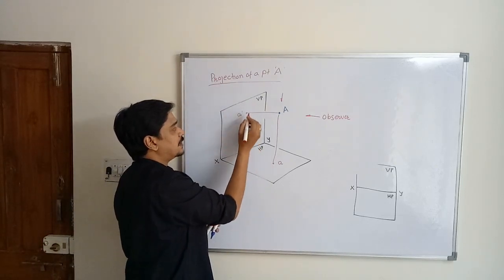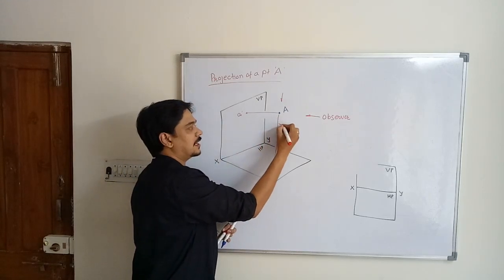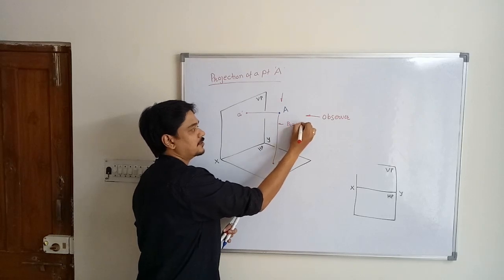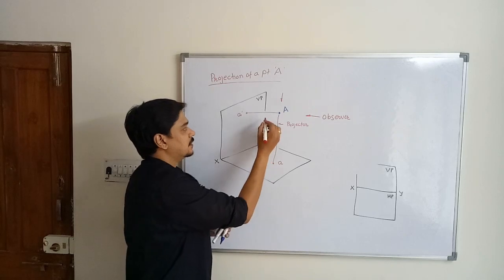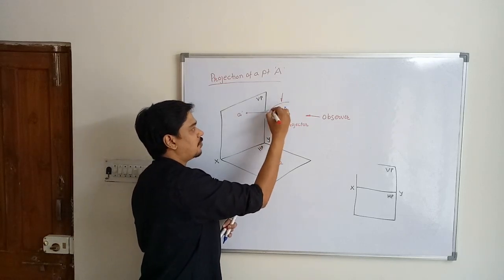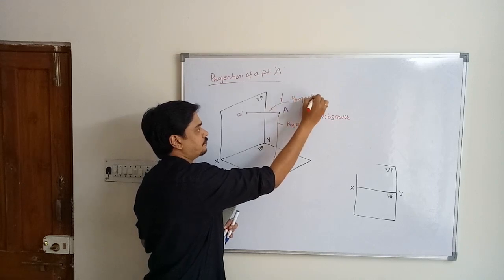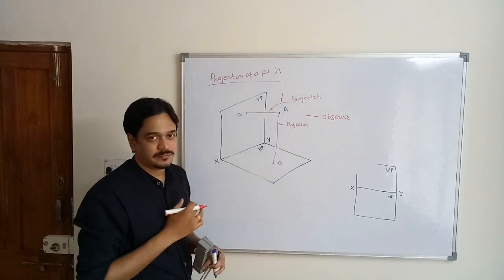So the meaning of orthographic projection is, now these red lines are nothing but projections, or this is called a projector. Similarly, this line is called a projector, which helps you to obtain the image.